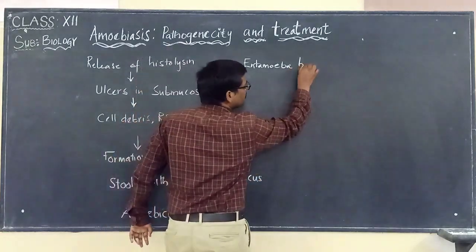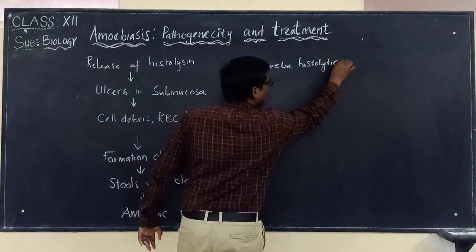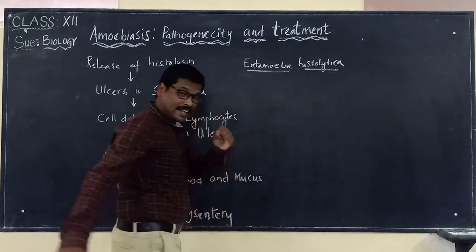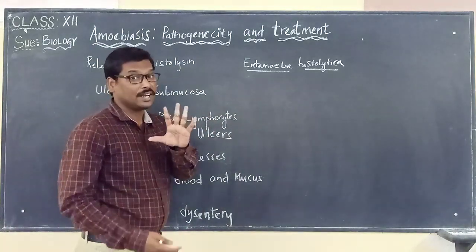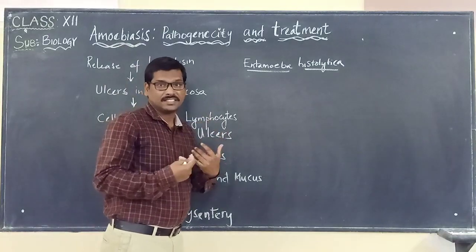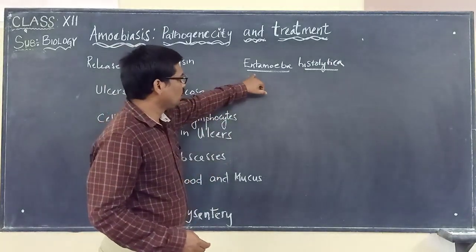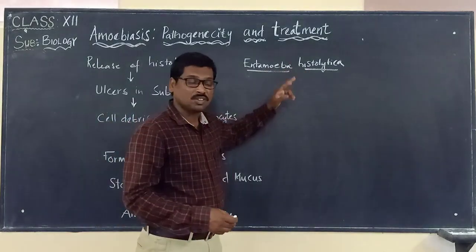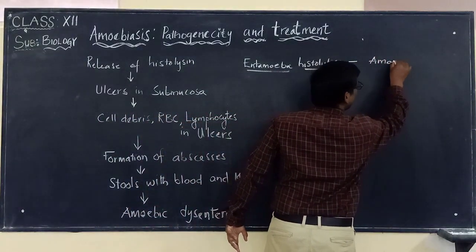Okay, Amoeba histolytica. So this particular pathogen is attacking the major part of our digestive system, that is the large intestine. It is present in the large intestine, destroying the cells of the large intestine. So Amoeba histolytica is causing a disease called amoebiasis.